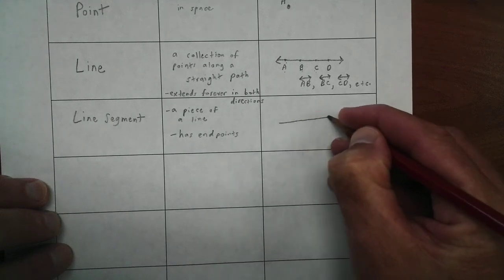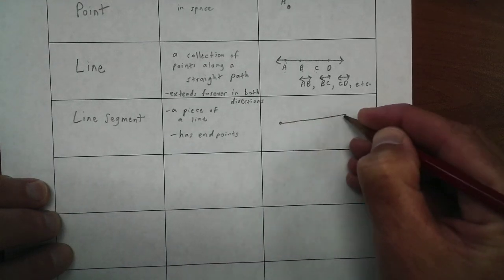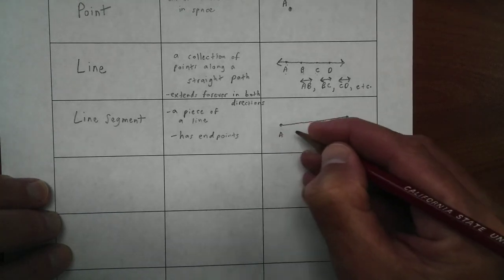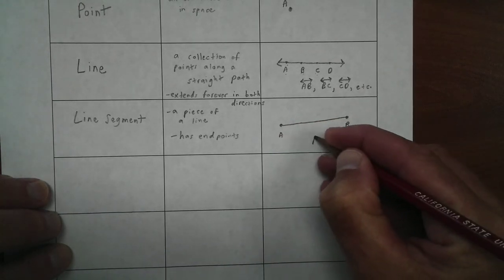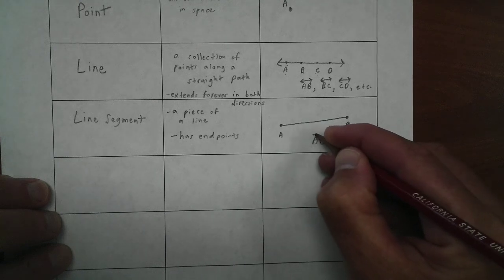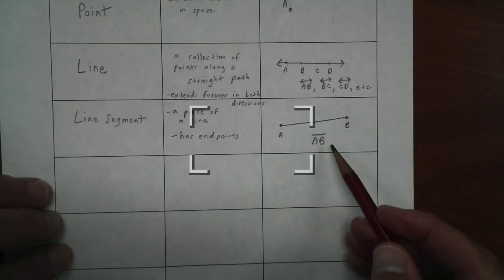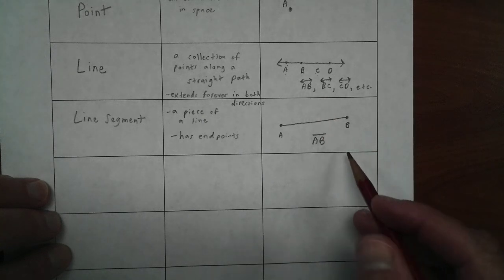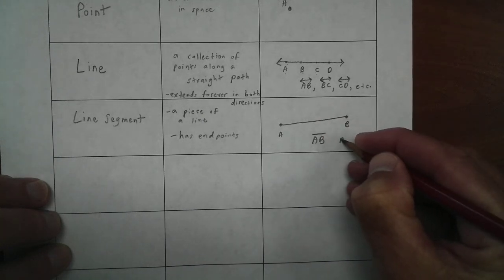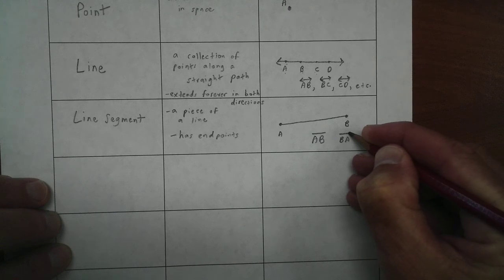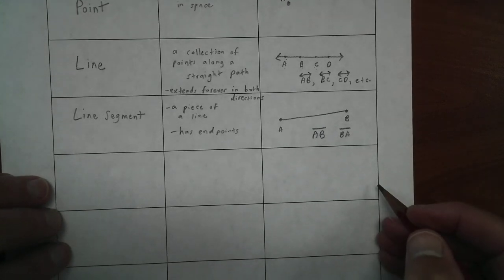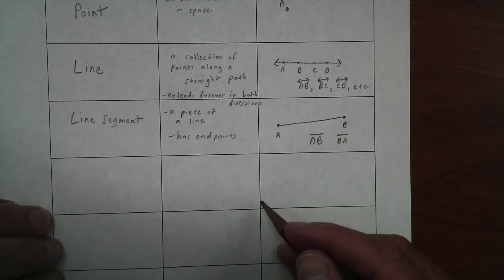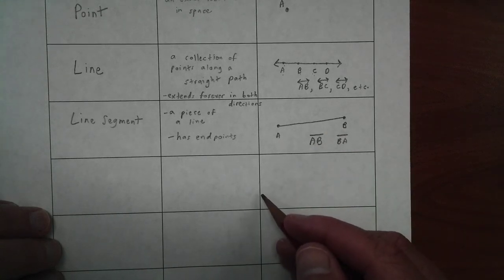So just draw a straight line segment and put some endpoints. We could call that line segment AB. Notice there's no arrow like there is here. You could also call it line segment BA. Does not matter which direction, but you have to have the 2 points.